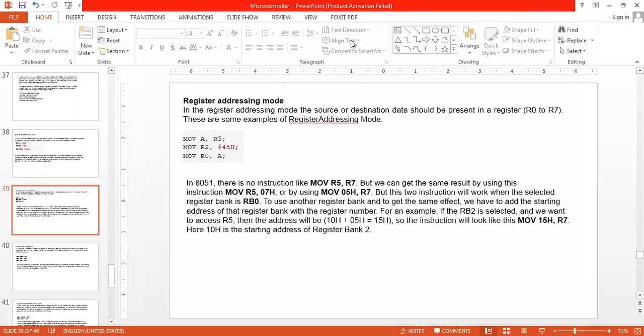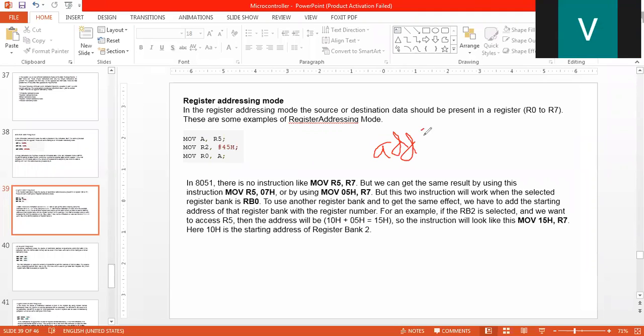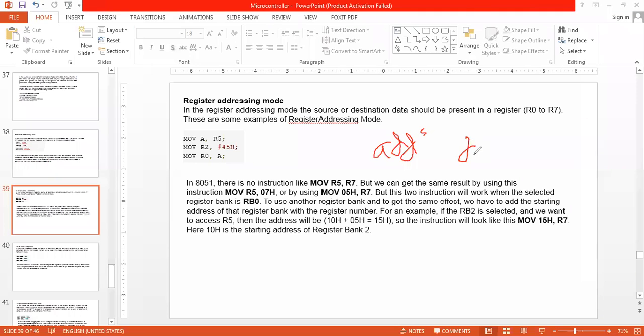I want to tell you the difference between address and data. Address is directly written, like 05H. But data is written by using a hash symbol. That is the main difference between data and address.